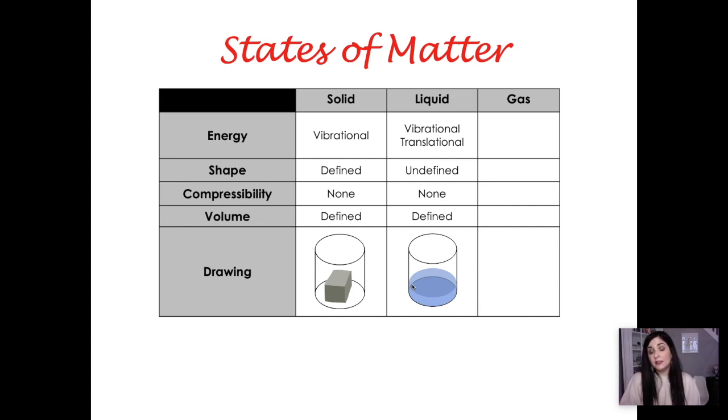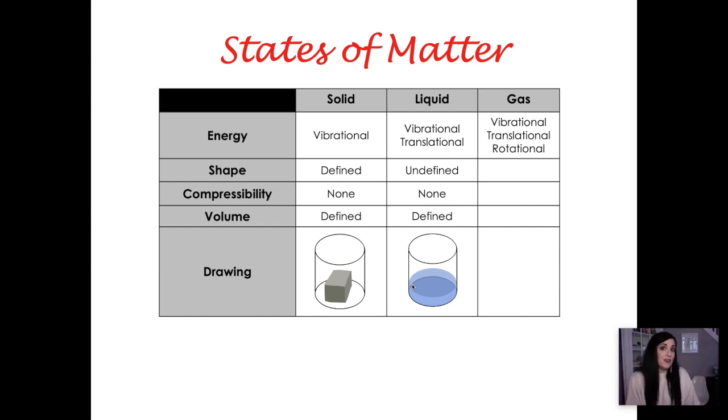Gases, on the other hand, not only have translational energy, not only do they have vibrational energy, but gases have another added type of energy, which we call rotational energy. And that rotational energy is what allows for gases to take up massive volumes.